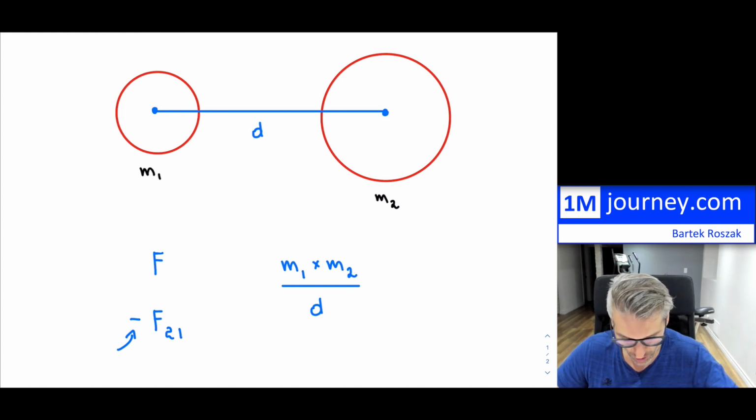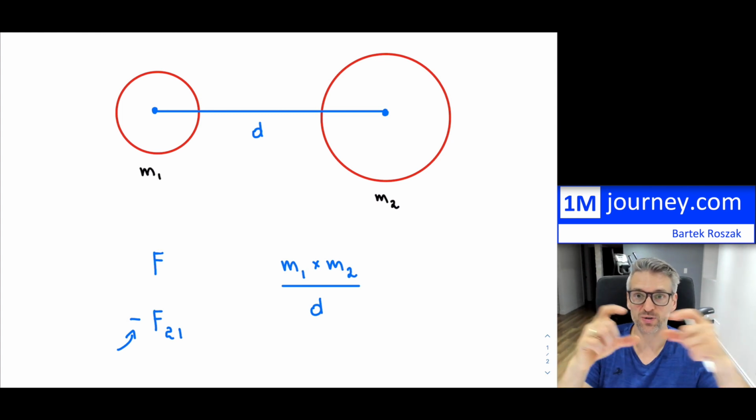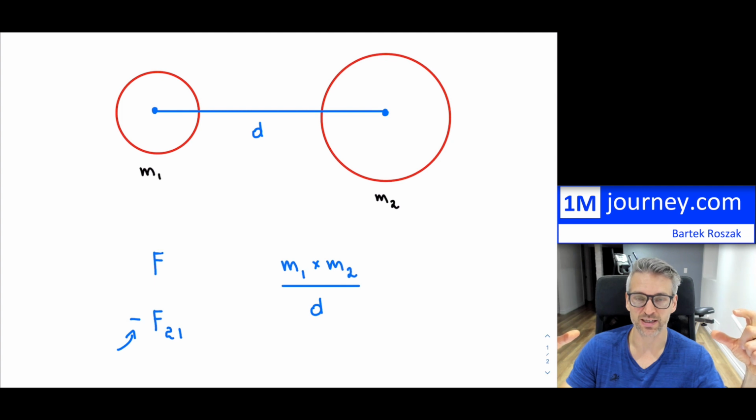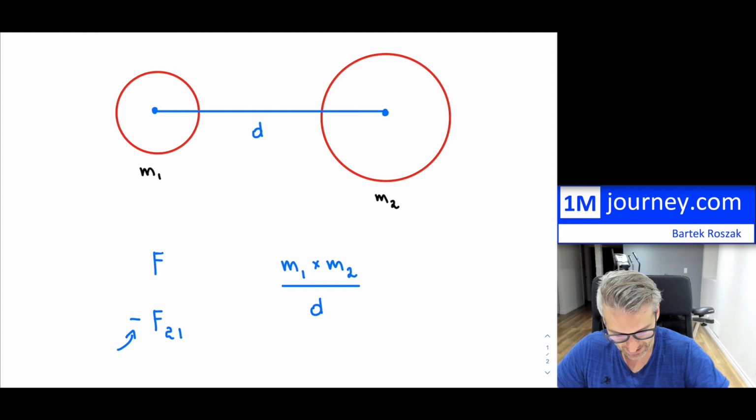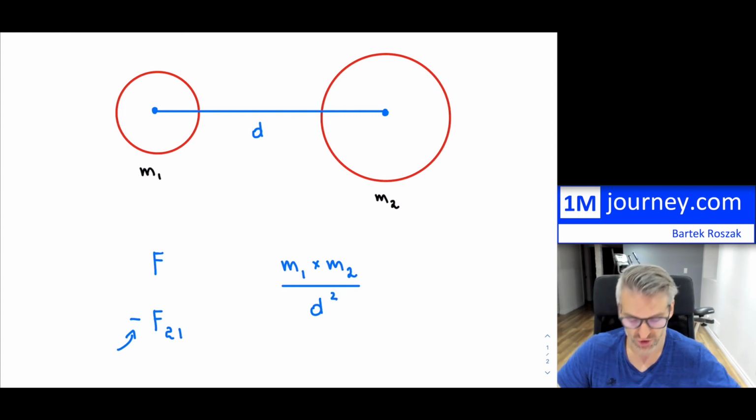As these two objects move further apart, the distance gets bigger. As they get closer together, the distance gets smaller. Therefore, if the distance gets smaller, the force is going to go up because this is in the denominator. Now, through observation, how it's inversely proportional is not just to the distance, it's actually to the distance squared.